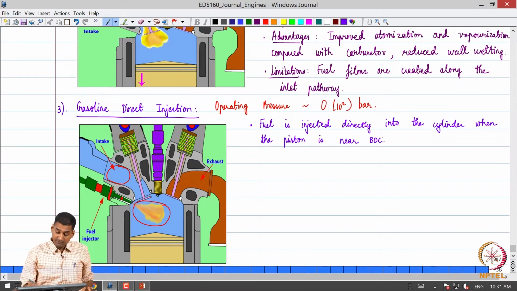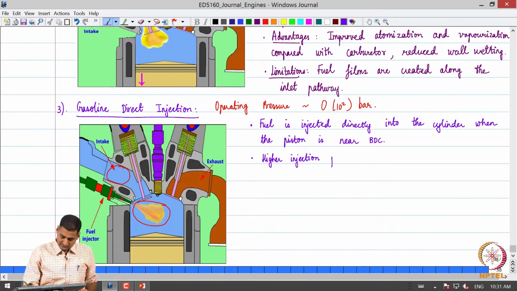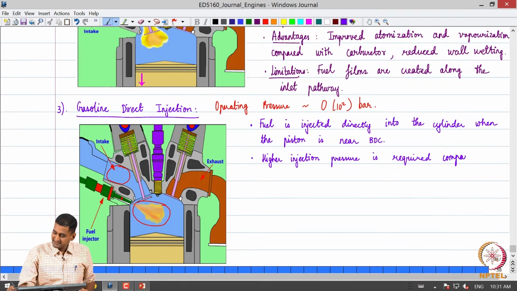So, higher pressures are required, compared to port injection. We are comparing to the previous cases.